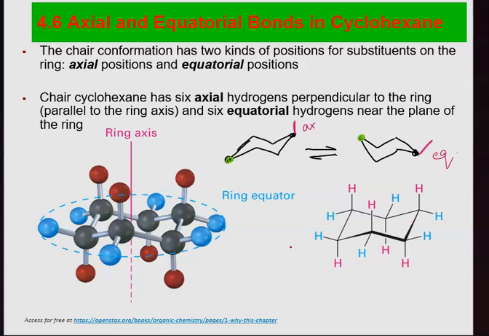These are the features of the different conformers of cyclohexane, and we will talk in a little more detail about the conformations of monosubstituted and disubstituted cyclohexane in our next video. So make sure you are practicing drawing the cycloalkane with substituents, and also in both conformers, and then flip it to form the other.